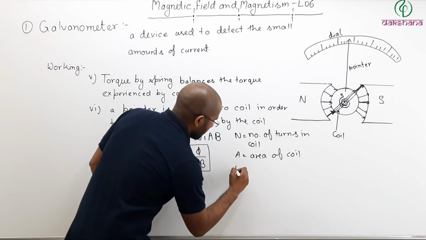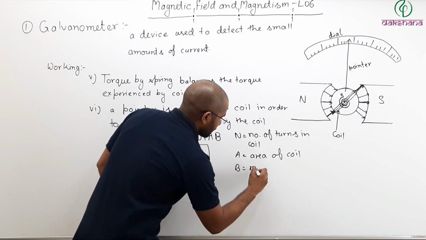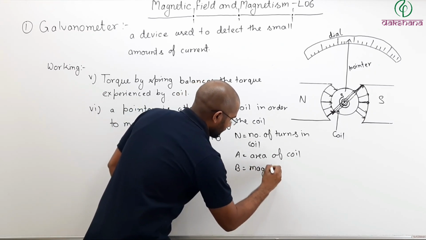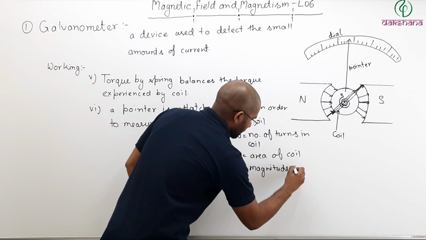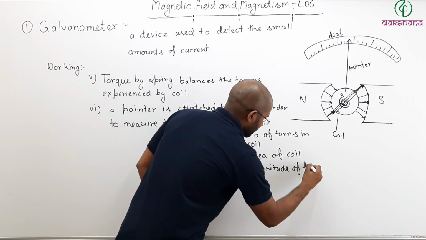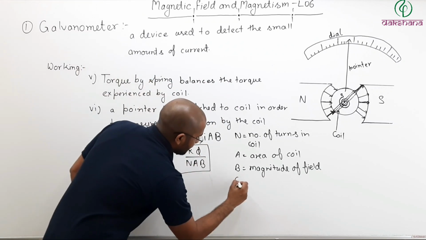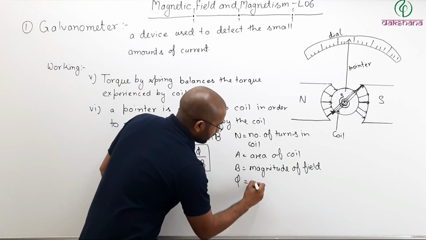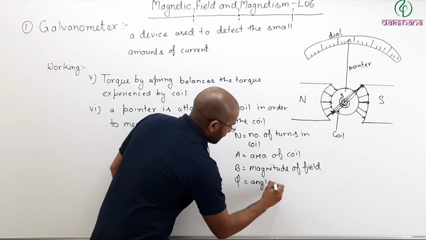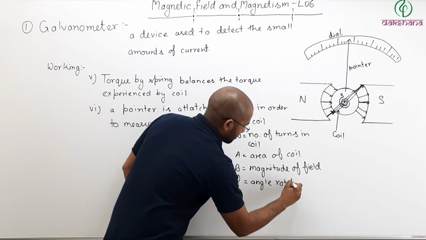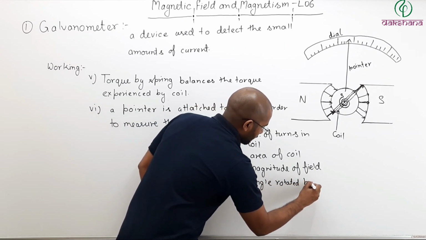What is B? B is the magnitude of the field. What is phi? Phi is the angle rotated by the coil.